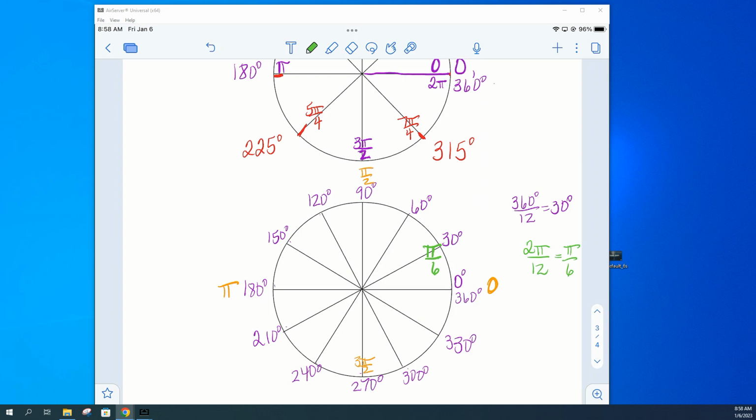This is 2 pi over 6, or pi over 3. 3 pi over 6. 4 pi over 6. 5 pi over 6, 6 pi over 6, 7 pi over 6, 8 pi over 6 reduces, 9 pi over 6, 10 pi over 6 reduces, and finally 11 pi over 6.